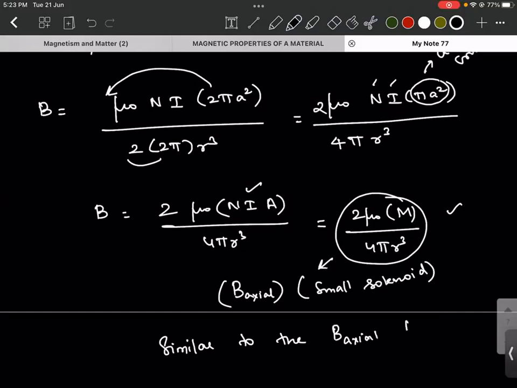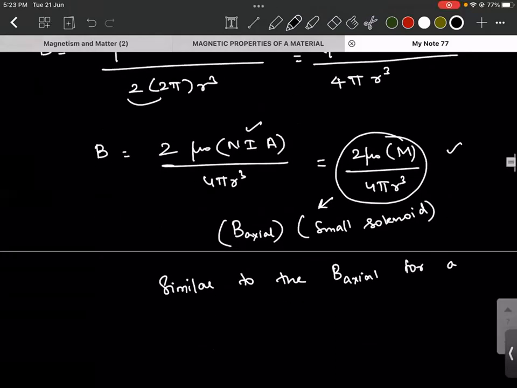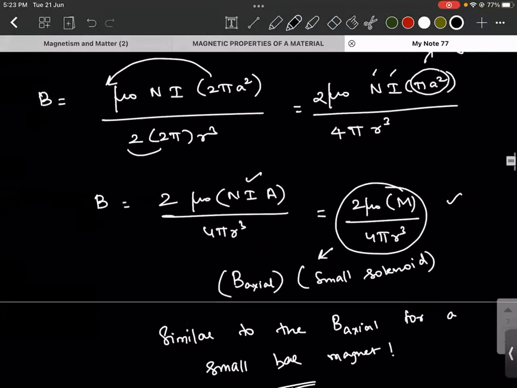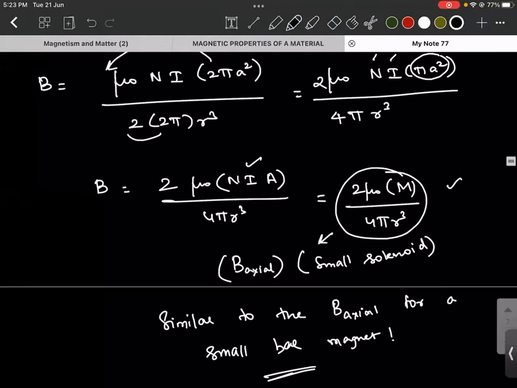B axial for a bar magnet, yes or no? Is it clear?